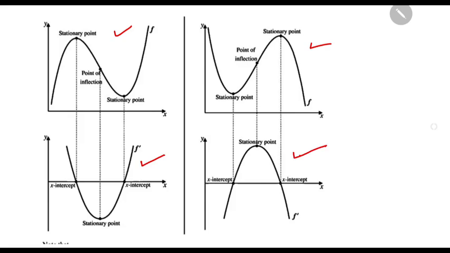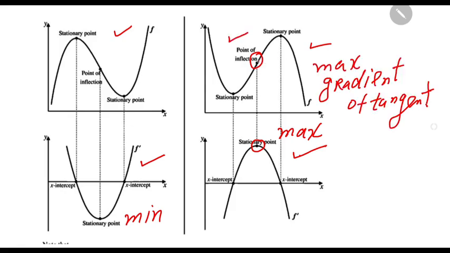The minimum value is here at the turning point, and this is a sad parabola, so the maximum value will be here at the turning point. The turning points of the parabola are the points of inflection of the cubic graph. So the maximum gradient of the tangent will be at the point of inflection here.